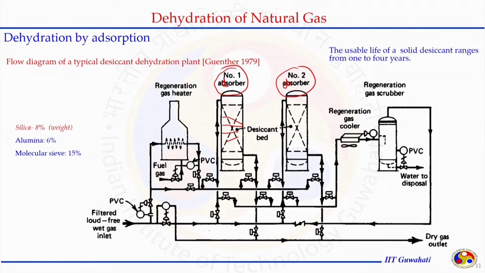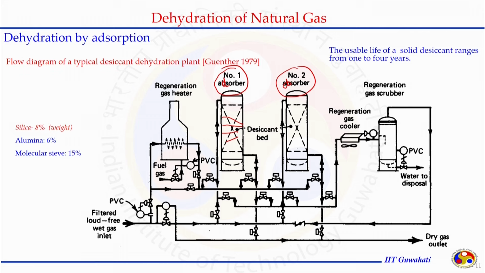In both cases we have to shut down the process. That is why there are always multiple towers: 1 and 2 are in operation, while others are in standby mode or in regeneration mode. When we want to switch to another tower, the previous tower has got contaminated, or the solid packing is no longer as effective as time passes, so we have to use another tower in the operation.